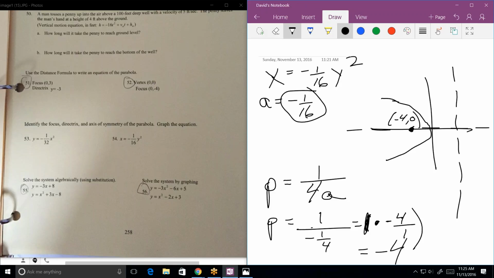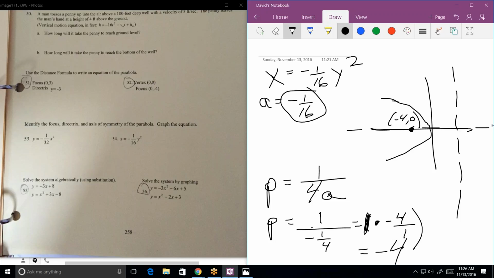And like I said, it really helps to draw a picture here so you know whether you're opening up, down, to the right, or to the left. You should be so lucky if they don't give you an h and a k, and it looks like they won't. In other words, in most everything we've looked at so far, the origin is the vertex, and that definitely simplifies things a lot.